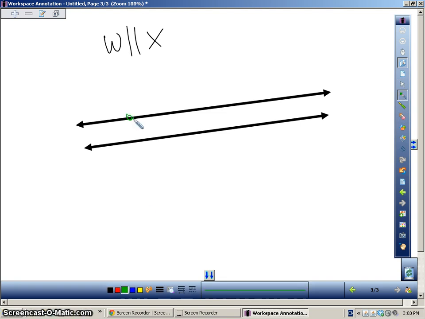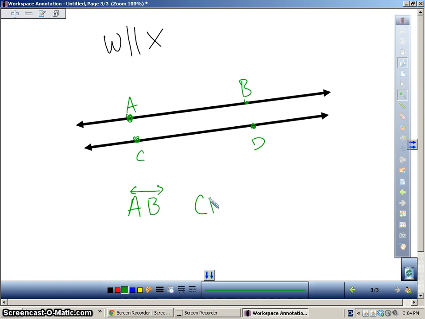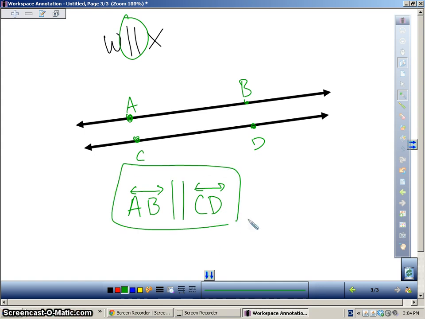Let's call them A, B, C, and D. We can write a line using two points: line AB, with a line on top with little arrows, saying that's the whole line, not a segment or ray. Line CD can be written like this. Then to do parallel, we use that same notation we used before. So that's another way we can do that.